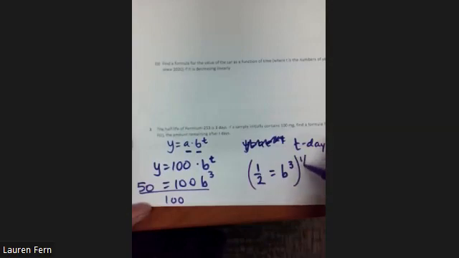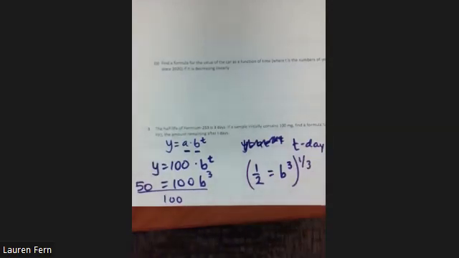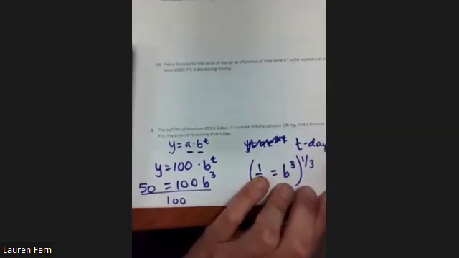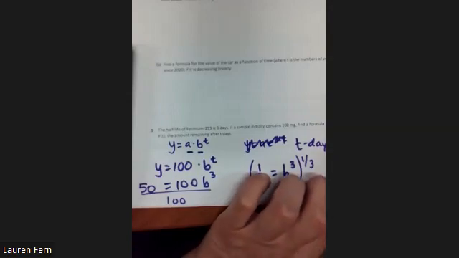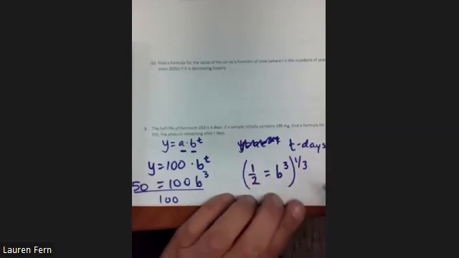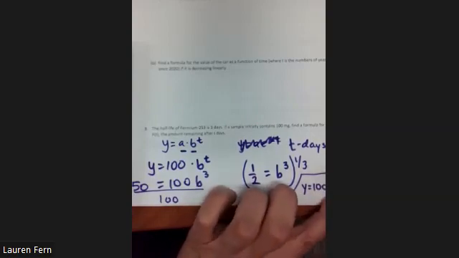Don't I raise both sides to the 1/3 power? And if you do this computation, you're going to get B to be about, I'll just go 3 decimal places, 0.794. So this equation is 100 times 0.794 to the power of T.